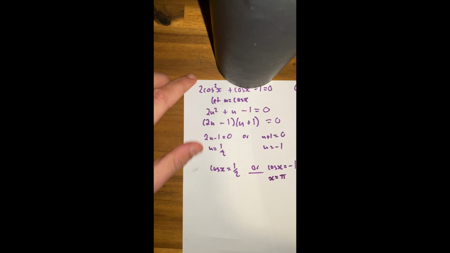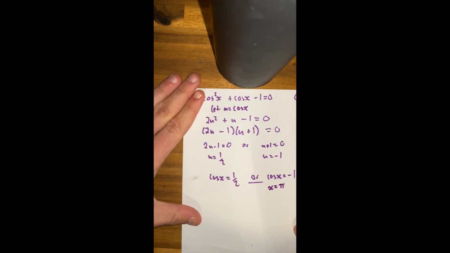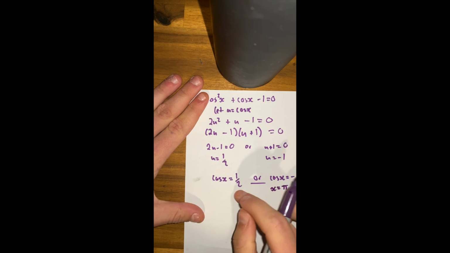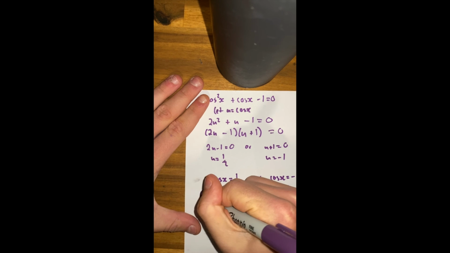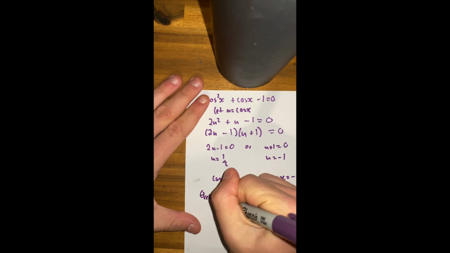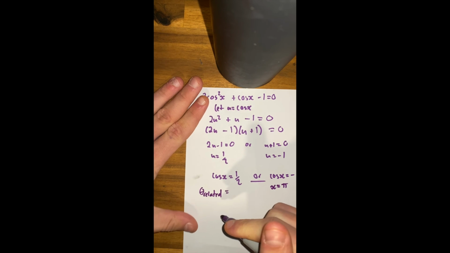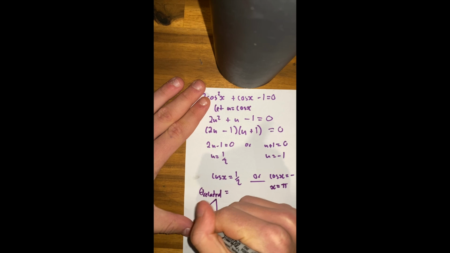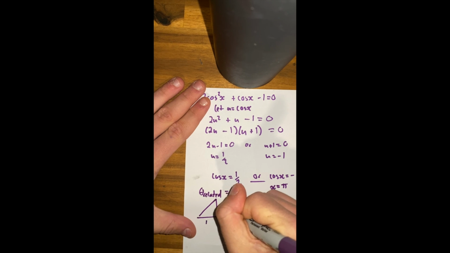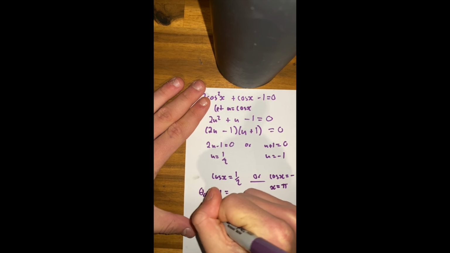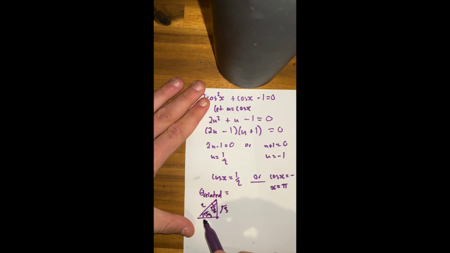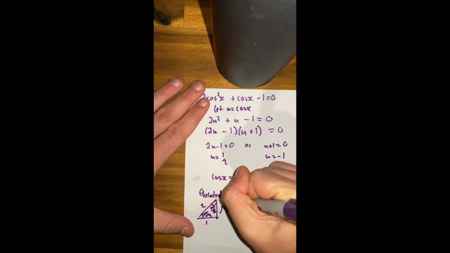Now let's look at the other equation. First thing you want to do is find the related angle of this equation. So theta related equals, if we draw out our exact value triangle, we see that for cos of x to equal 1/2, the related angle is pi on 3, so the acute angle.